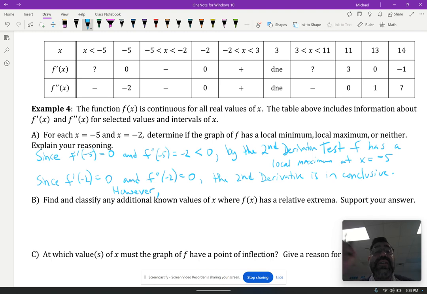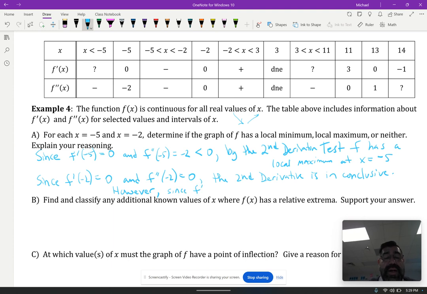But what I can do is go back to the first derivative test, because if you take a look, the slopes change from negative to positive. That means there's a relative minimum.